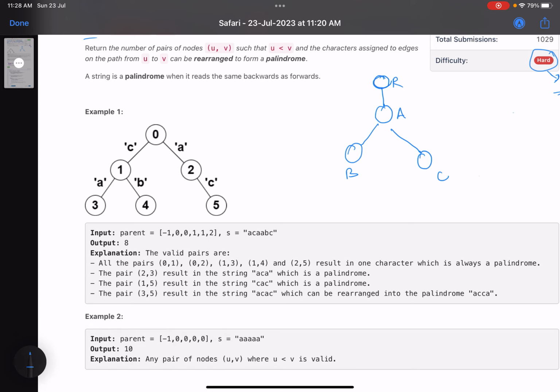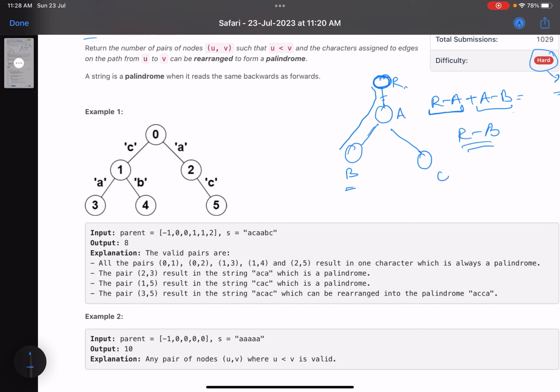So suppose this is the root node and this is B. When I start traversing from this root node and I come to B, what's the path? It's root to A plus the path from A to B. In short, the characters that I encountered from root to A, there could be multiple intermediate nodes, but for simplicity I've made this diagram, and the characters you encountered from A to B, this is the total characters that you got from root to B. Simple.